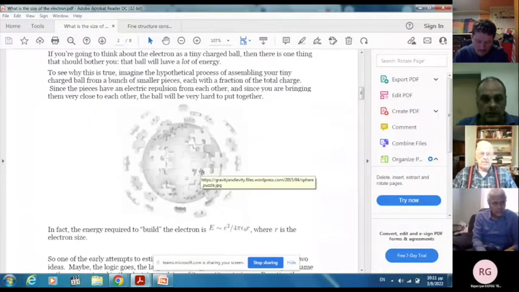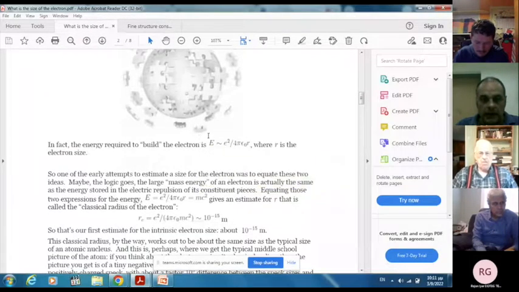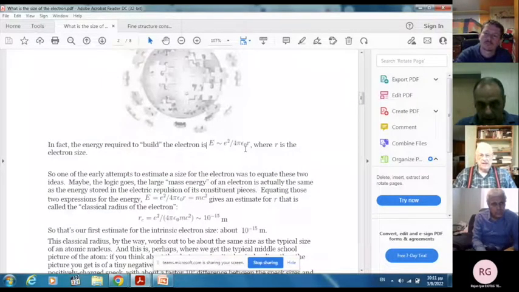So when we try to compress this charge, it gets harder and harder to compress for a given radius. The energy we need to compress the charge of the electron in a given radius r is given by this equation here: e squared over 4 pi, the permittivity of free space, times the radius.